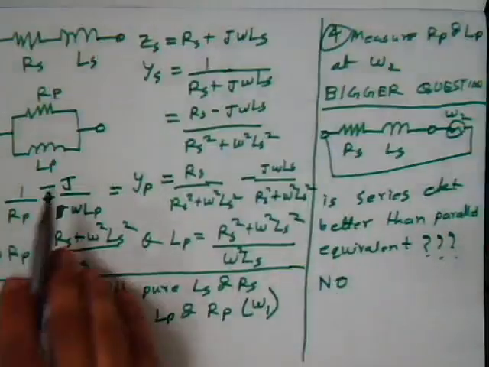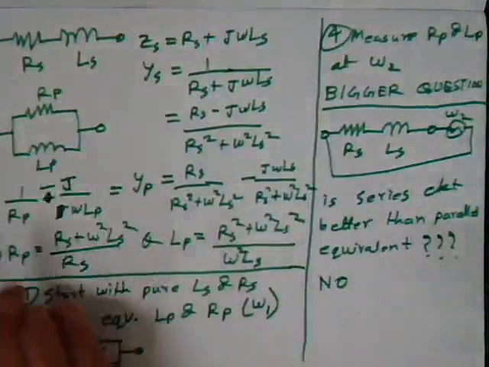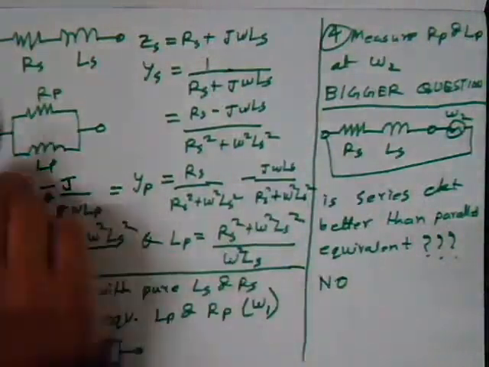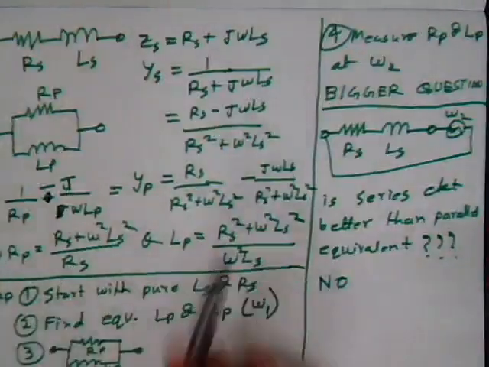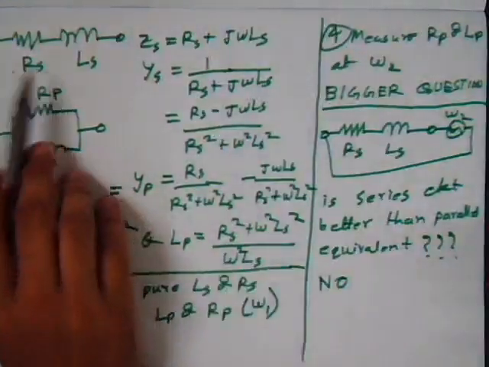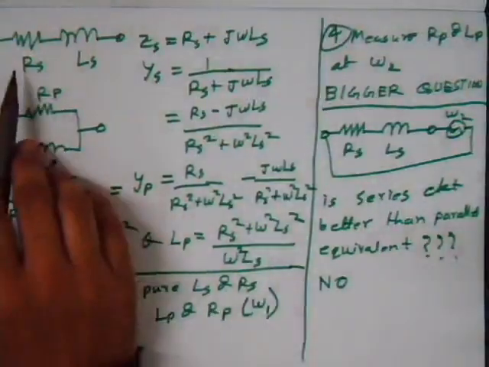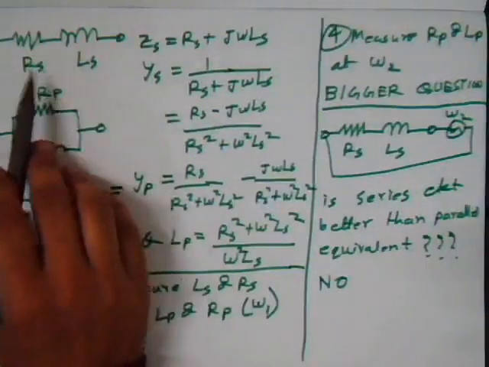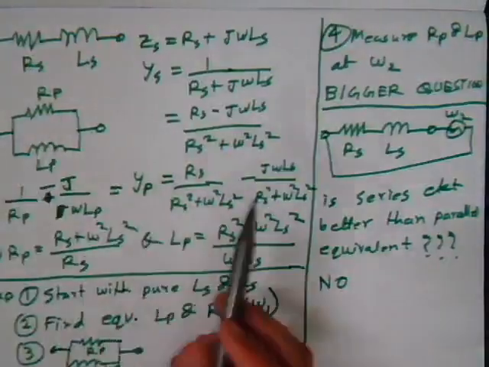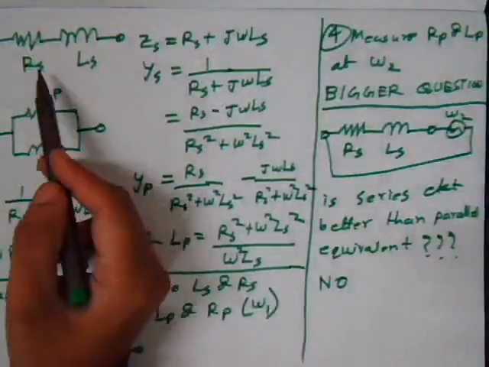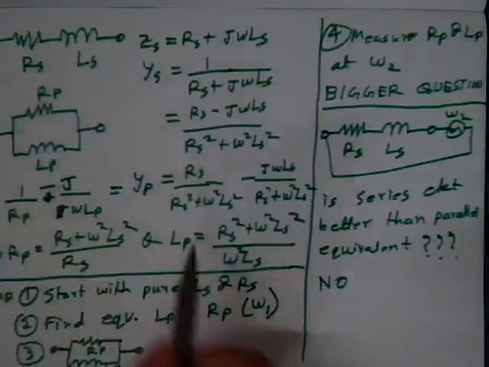In this experiment, we started with ideal pure Rs and Ls, and then we made this series combination. But in practice, in many cases, there is no pure Rs and Ls, or there might be inductors which cannot be thought of as a series equivalent of Rs and Ls.